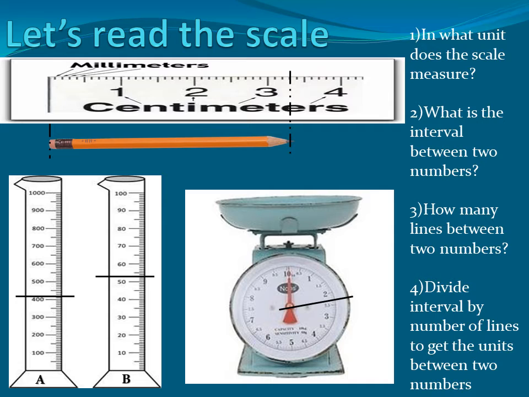Now let's see. The numbers or the lines in between are called millimeters. How many lines are actually between 3 and 4? Let's count. 1, 2, 3, 4, 5, 6, 7, 8, 9, then 10. The 10th, or the last one, is going to fall on 4.